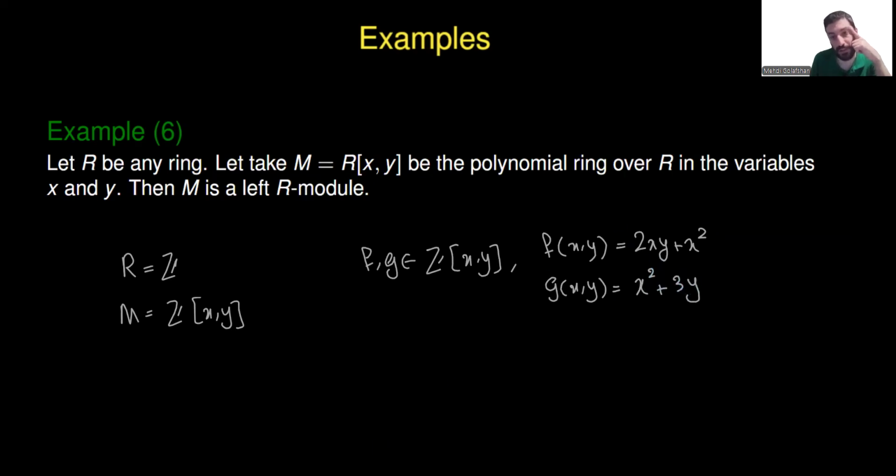So actually with addition, this set of polynomials in x and y would be an abelian group. So you know how we can add these two.